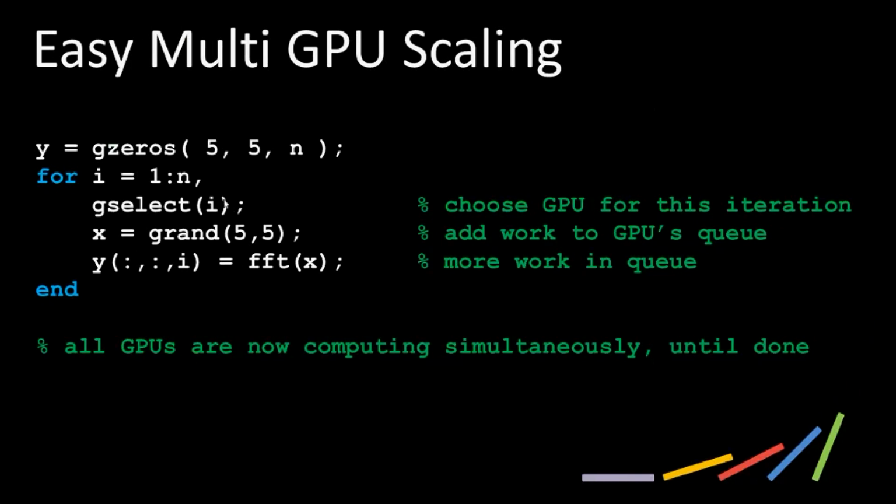Now, when you purchase a license, this multi-GPU scaling is a separate addition to the standard Jacket base license. So the feature is called Jacket MGL, for multiple GPU license. And if you only have that for one GPU, then if you have 3 GPUs in your system, you're only going to be able to use that first GPU. But if you're licensed to use multiple GPUs, then it will work and run on all GPUs simultaneously.